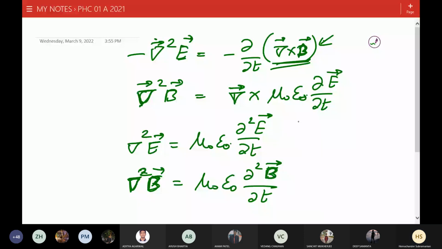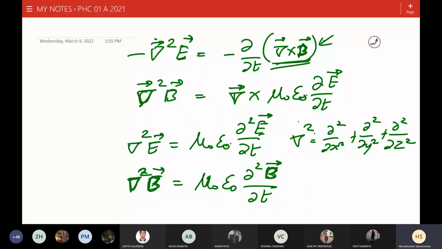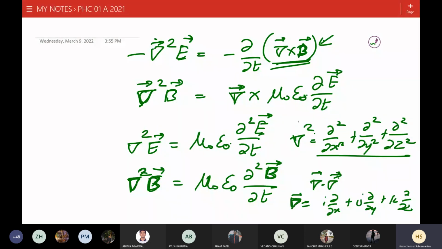Now you have basically separated them. So what is the Laplacian? Del square is dou square by dou x square plus dou square by dou y square plus dou square by dou z square. It is del dot del, where del is i dou by dou x plus j dou by dou y plus k dou by dou z.